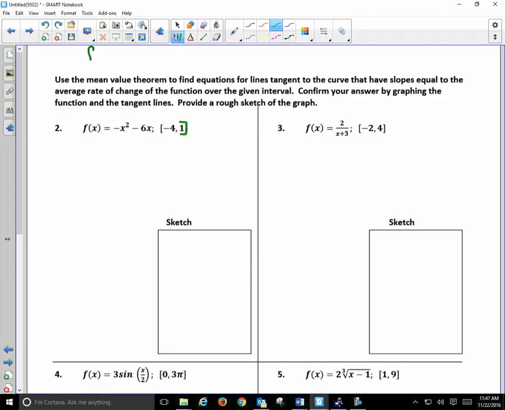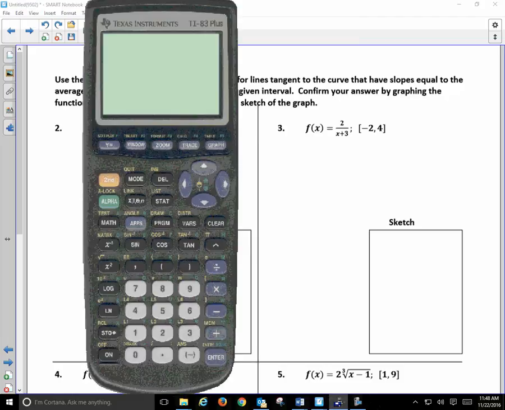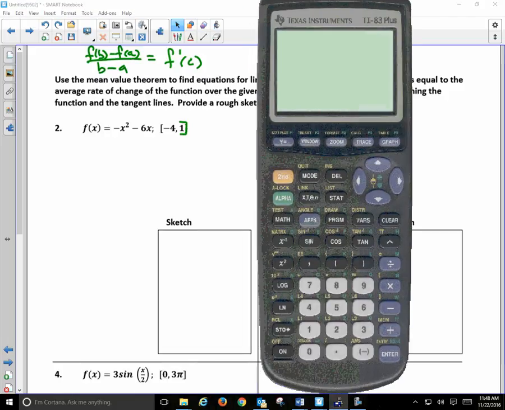Again, the mean value theorem says f of b minus f of a over b minus a is equal to f prime of c. So I first want to find f of b minus f of a over b minus a. If you like to, you can take out your calculator and use that to generate some points because I'm going to graph it anyway.